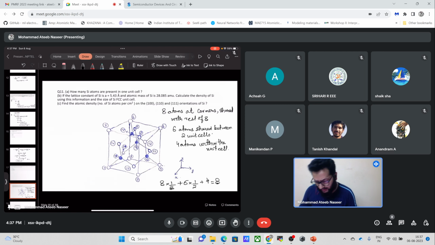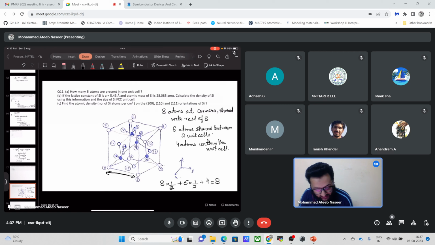Now we have been given some values. We have been told that silicon has a lattice constant. This lattice constant is the dimension of this unit cell. I am not talking about the atomic distance, I am talking about this cubic box, for example.